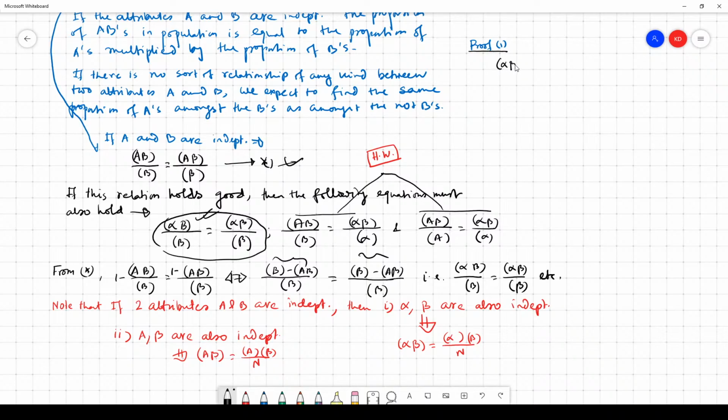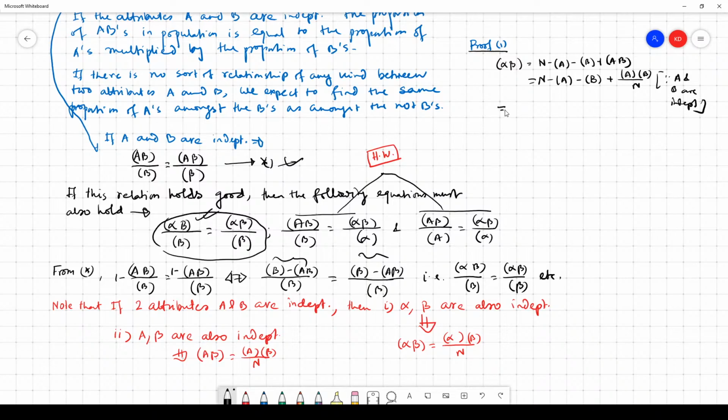(αβ) we know is equal to N minus A minus B plus AB. This is again written as N minus A minus B plus AB/N, because A and B are independent. Since A and B are independent, this is given.